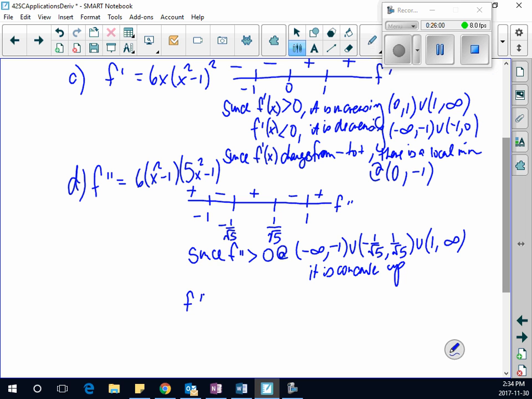Since f double prime is less than 0 on negative 1 to negative 1 over root 5, union 1 over root 5 to 1, it is concave down.